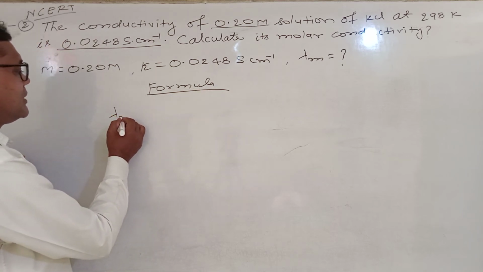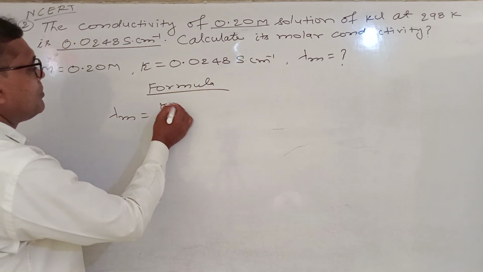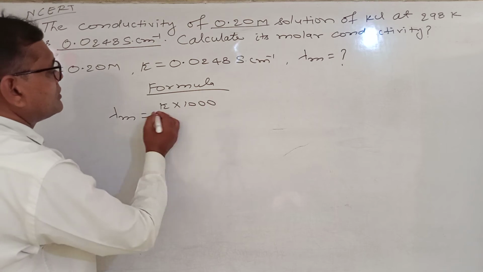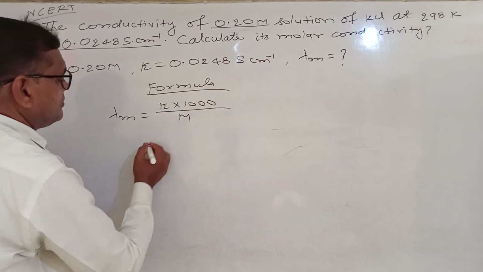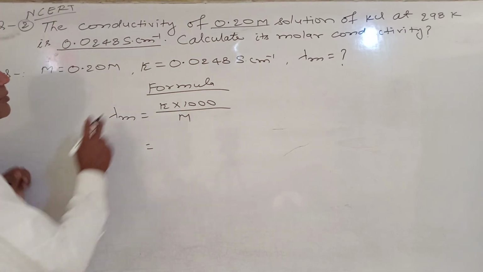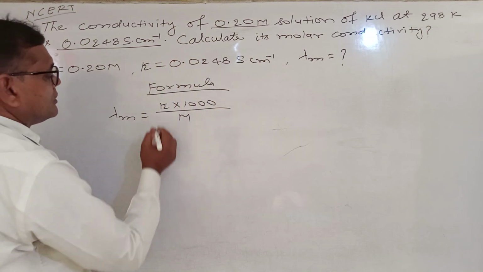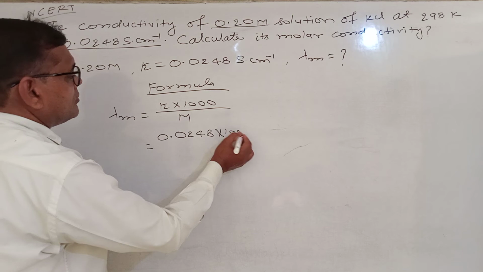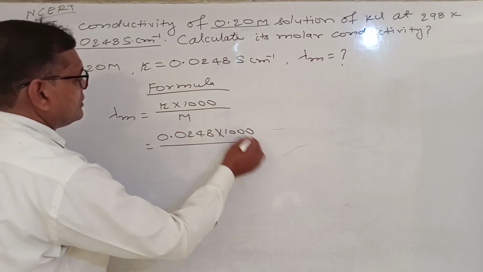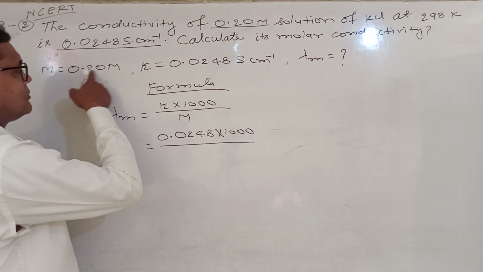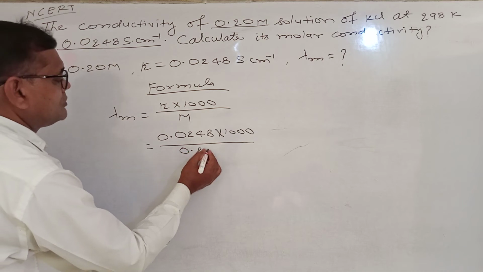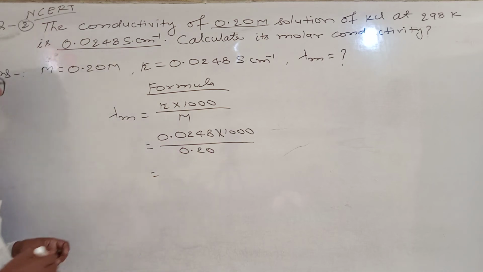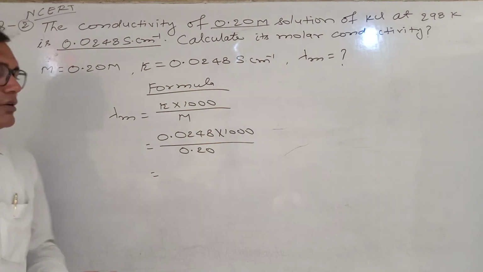Formula is lambda m is equal to kappa into 1000 upon capital M. The value of kappa in the question is 0.0248. We write 1000. The value of M in the solution is 0.20. Now we remove the decimal point in upper and lower.